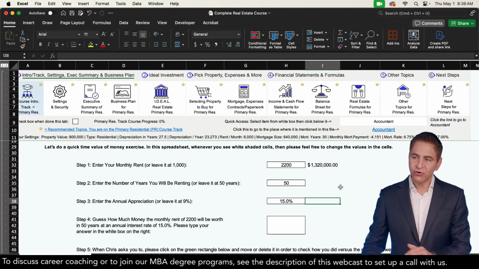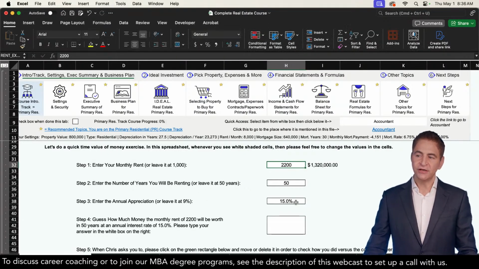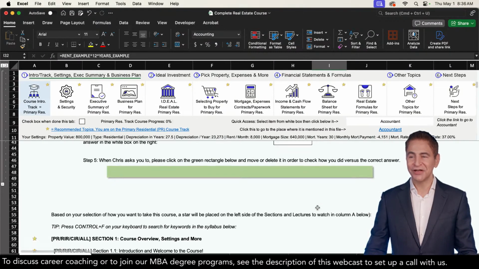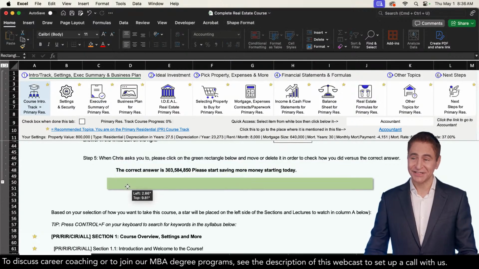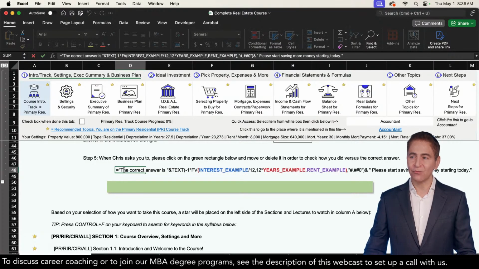If you were to invest $2,200 every month for 50 years at a 15% return, how much money would you have in 50 years? Obviously more than that. You ready? This is going to blow your mind. You'd have $303 million. Okay, that's the time value of money at work.